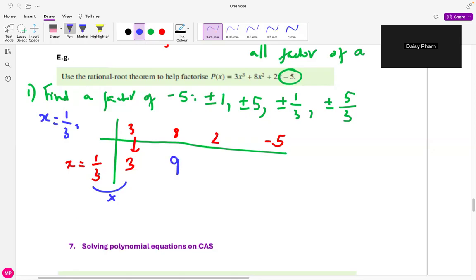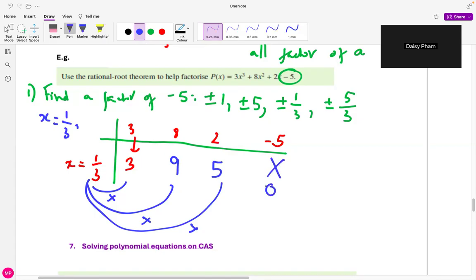Then 1/3 times 9 is 3. 3 plus 2 equals 5, right? Then you do the same thing, 1/3 times 5, it's going to give you a fraction, and a fraction minus 5, there's no way that this will end up 0. So you wouldn't want that.